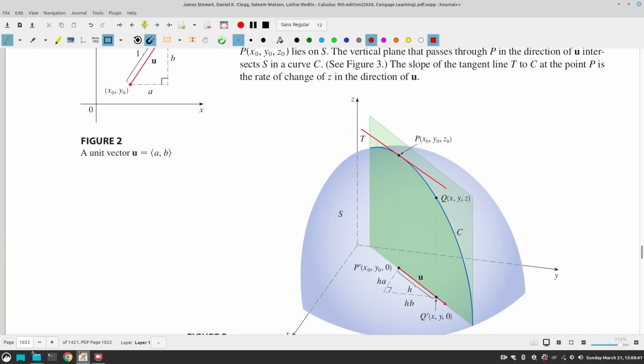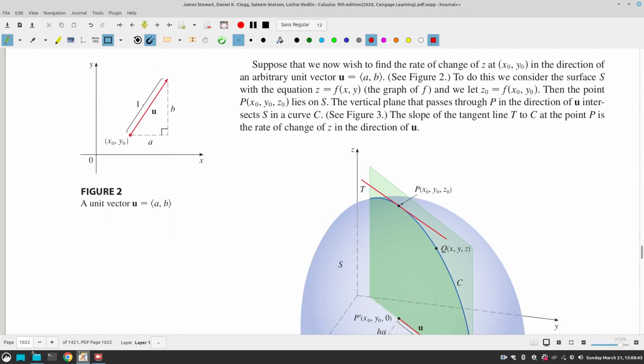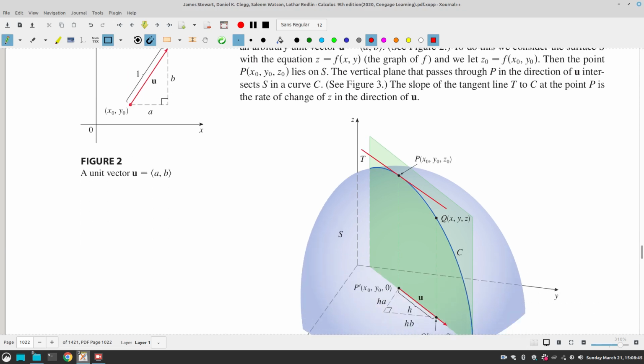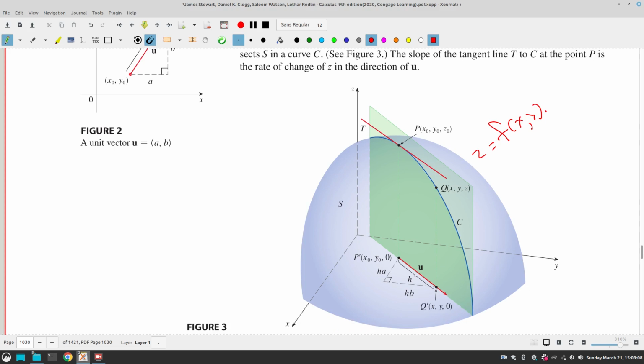So this surface is given by z equals f of x y, and we want to move in the direction of u, right? And if this is the direction u, then we're moving along this.